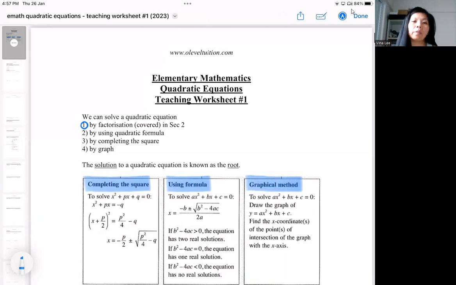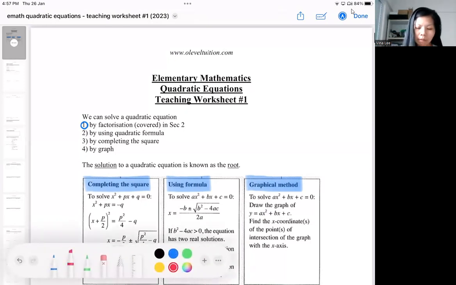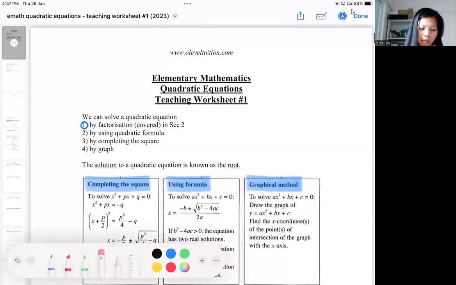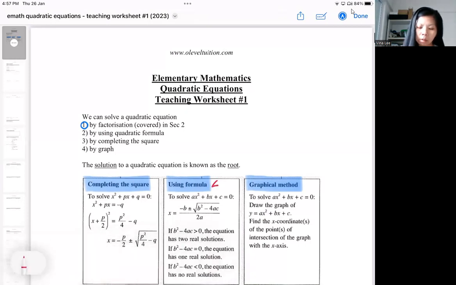So for this video, I'm going to emphasize the quadratic formula, because the quadratic formula will lead you on to two big sections.